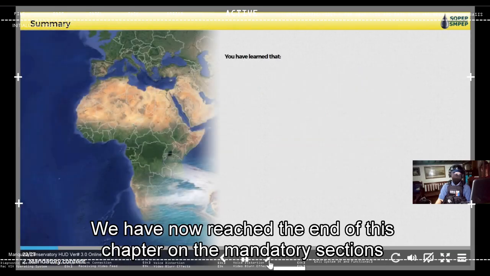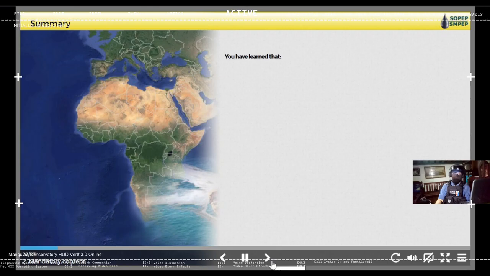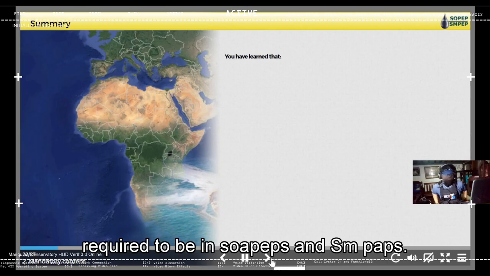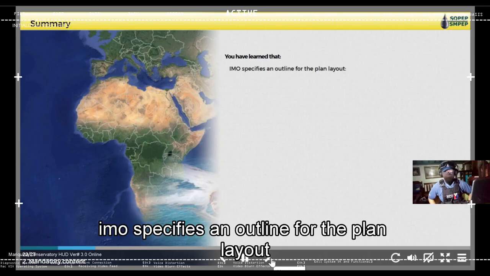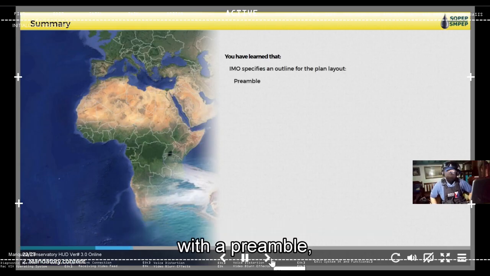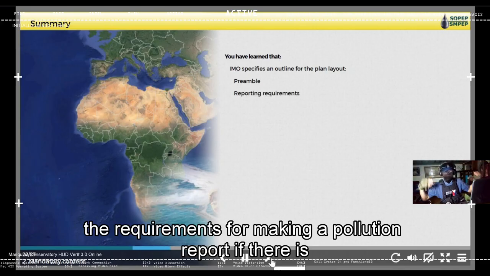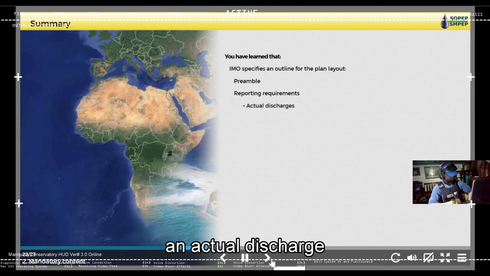We have now reached the end of this chapter on the mandatory sections required to be in SOPEPs, and just to refresh ourselves, you have learned that IMO specifies an outline for the plan layout, with a preamble, and the requirements for making a pollution report, if there is an actual discharge or a probable discharge.